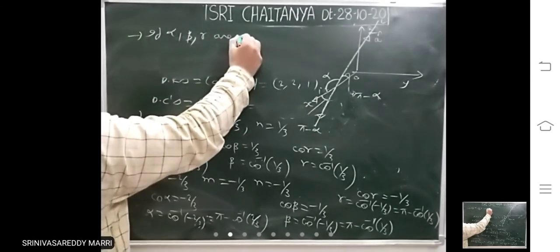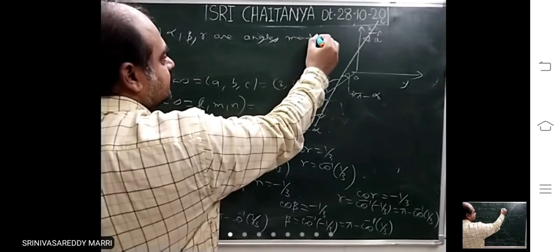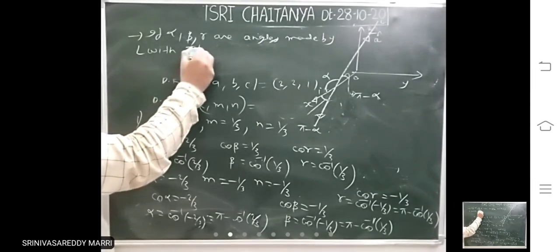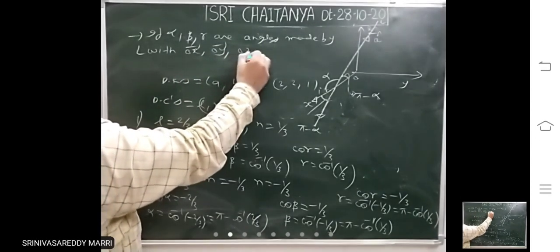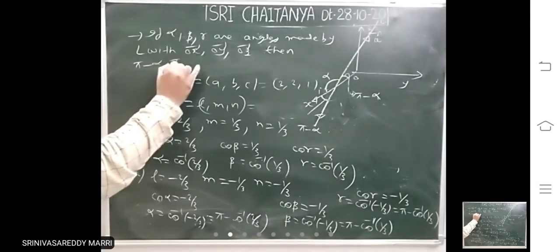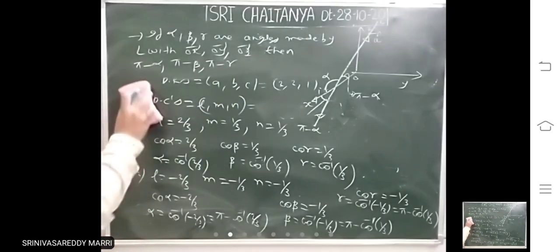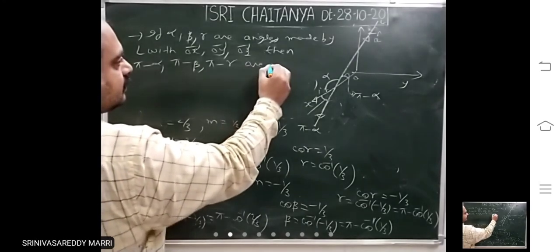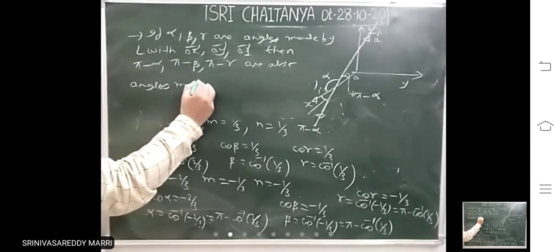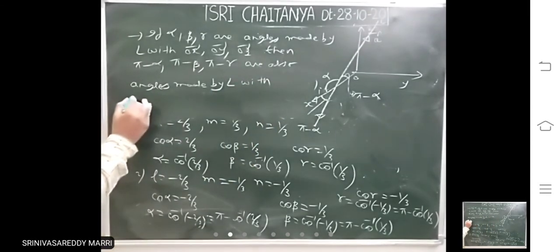Last point, note down. If alpha, beta, gamma are angles made by L with OX bar, OY bar and OZ bar, then pi minus alpha, pi minus beta, pi minus gamma are also angles made by L with the same line.